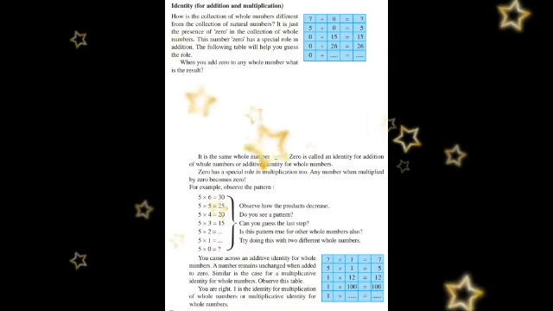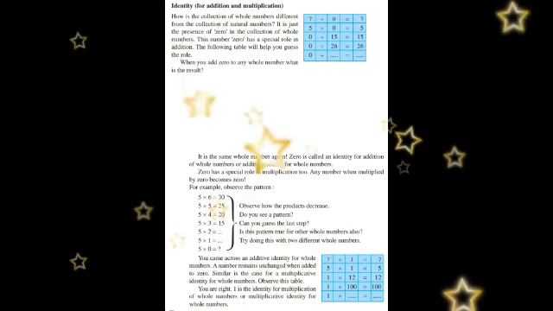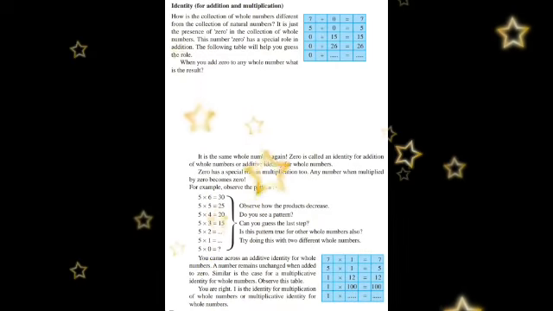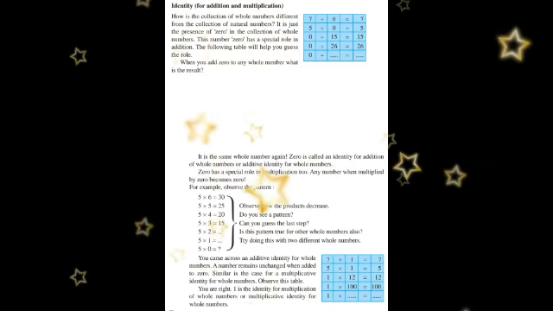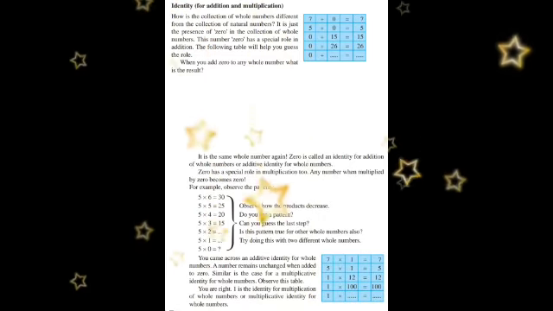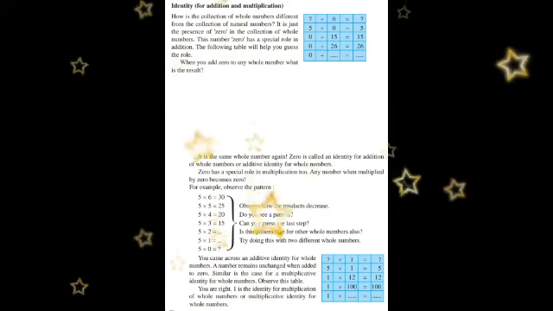The following table will help you guess the role. When you add 0 to any whole number, what is the result? Yes, it is the same whole number again. 0 is called an identity for addition of whole numbers, or additive identity for whole numbers.